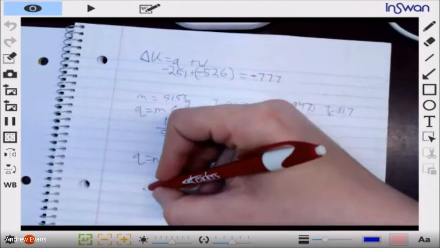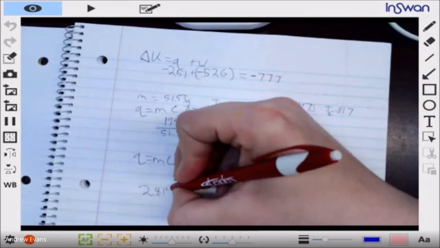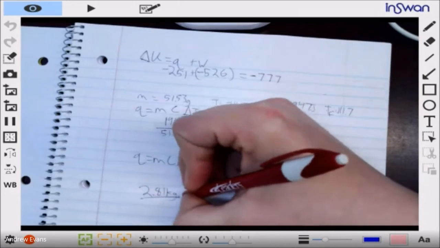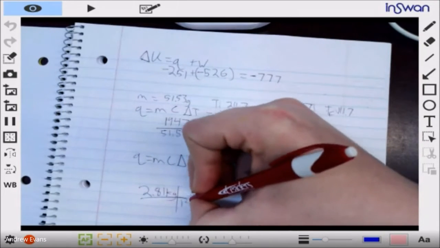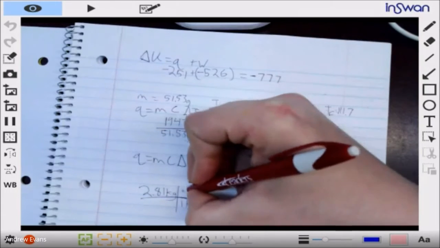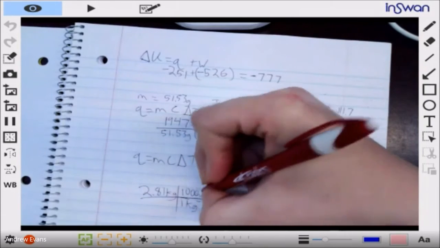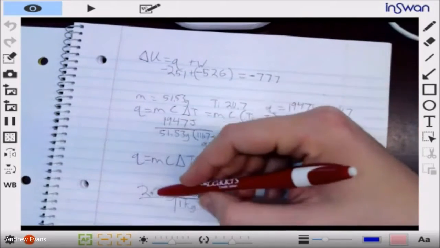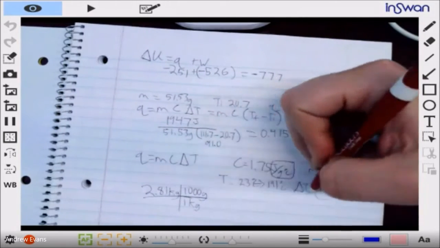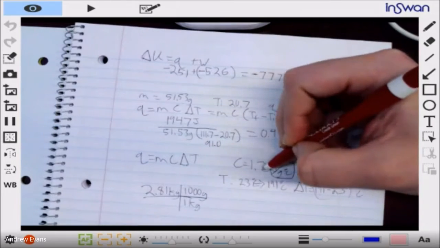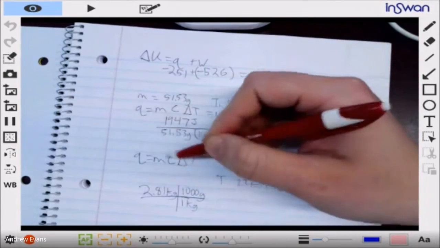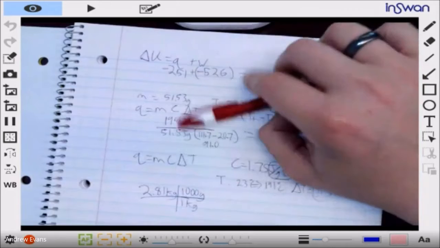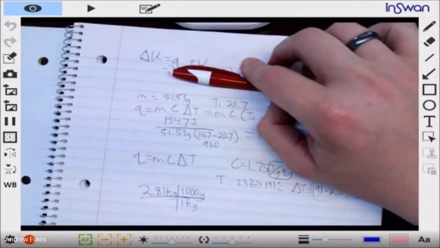You just have to remember that in 1 kilogram, there are 1,000 grams. Doing that conversion, we then have our mass, our delta T, and our C. We plug those in, multiply, and you will get your heat change.